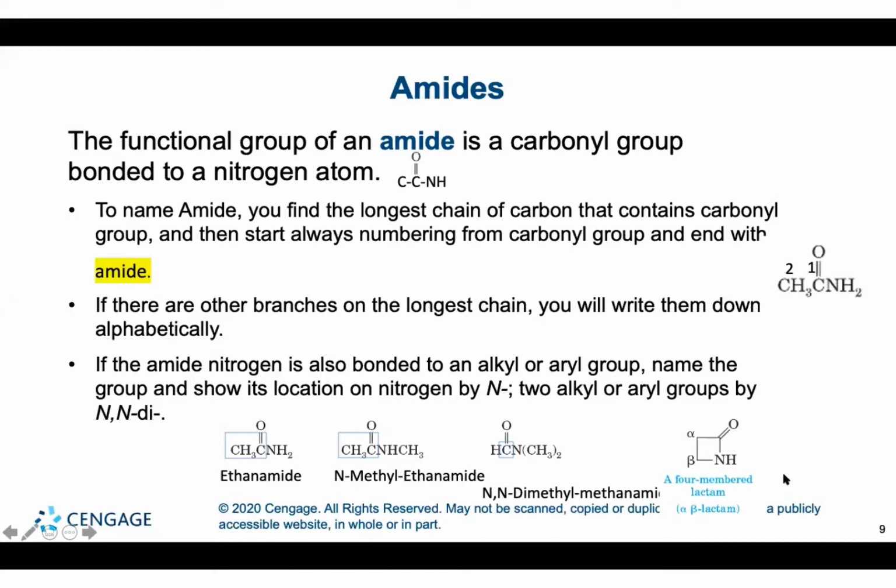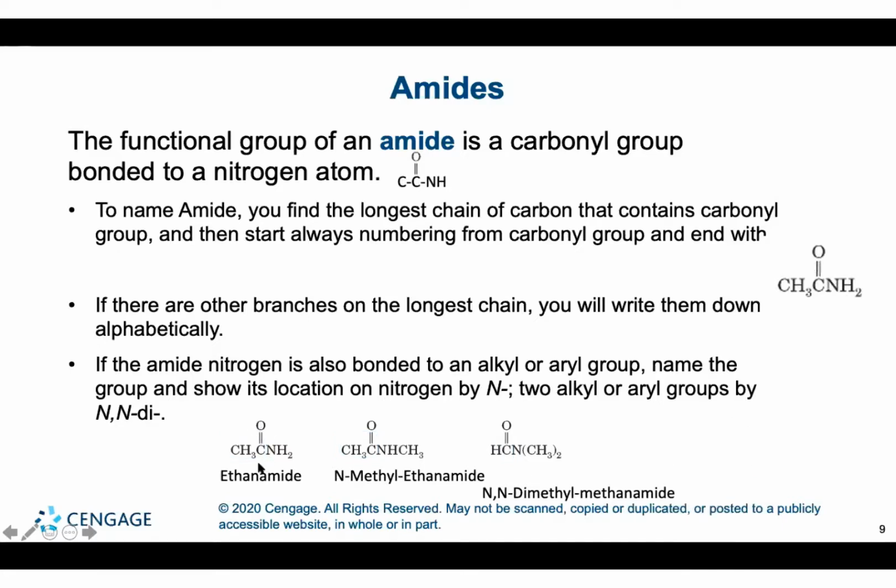Whenever we have a cyclo, in which we have a carbonyl group, and directly there is a nitrogen attached to it, we have an amide functional group here. So these structures are called lactams. Lactams are usually found in antibiotic structures.